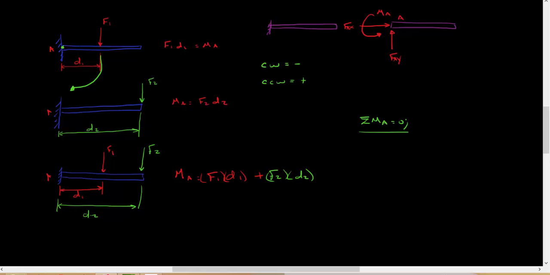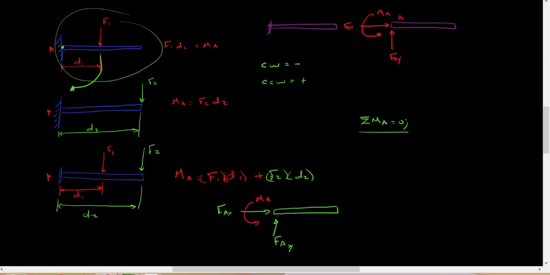If I drew the free body diagram of, let's say, this one here, I'd have force A in the X, force A in the Y, and I have my moment about A. And I have my force here that's acting at some distance 1. If I sum my moments about point A, I have the moment about A, so that's part of it.